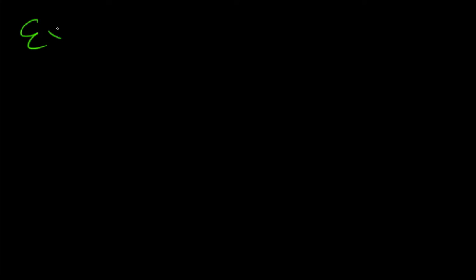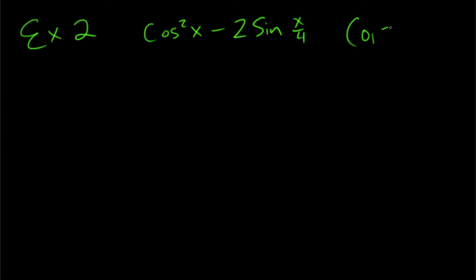All right, example 2. It says show that cosine squared x minus 2 sine x over 4 has a 0 at 0, 2.